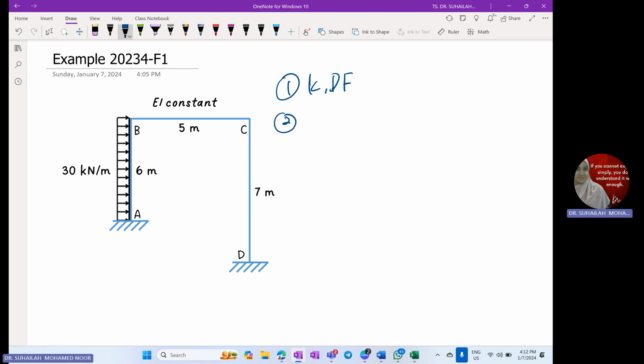Step number two is no side sway. Step number 2 is the no side sway frame. Under this step, there are 3 sub-steps: A, B, and C. 2A is FEM, which we calculate due to external loading.